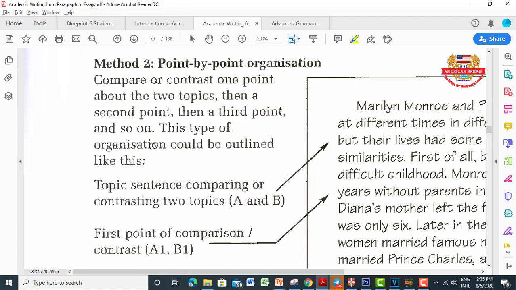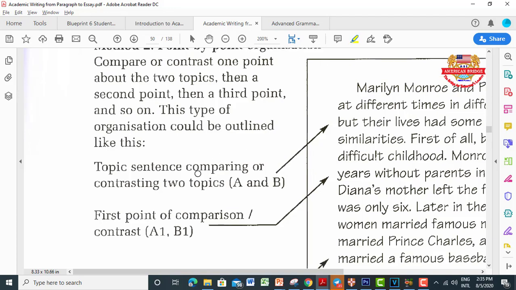This type of organization could be outlined like this. They divide it like a topic sentence, the topics they compare or contrast, with two topics like A and B.